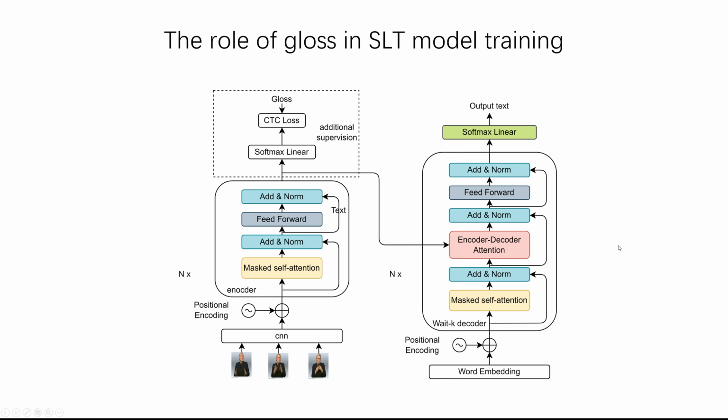To solve this problem, we first perform an analysis of existing models to confirm how gloss annotations make sign language translation easier. We then propose gloss attention, which enables the model to keep its attention within video segments that have the same semantic locally, just as gloss help existing models do.